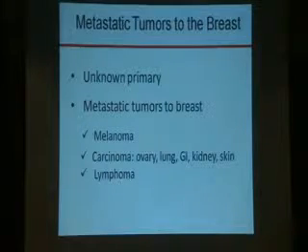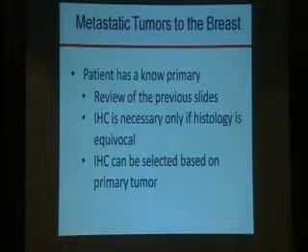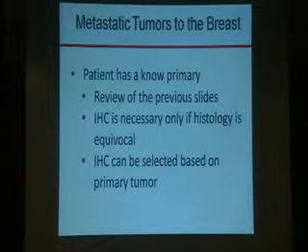And then the second is when you have a tumor in the breast and you do not have any other primary tumor, and then the question is, could this be a metastatic carcinoma, especially on core biopsies? If the patient has a known primary, the most important step is definitely to review the previous slides.